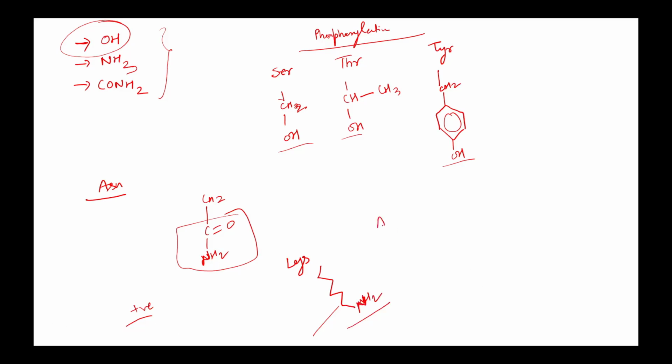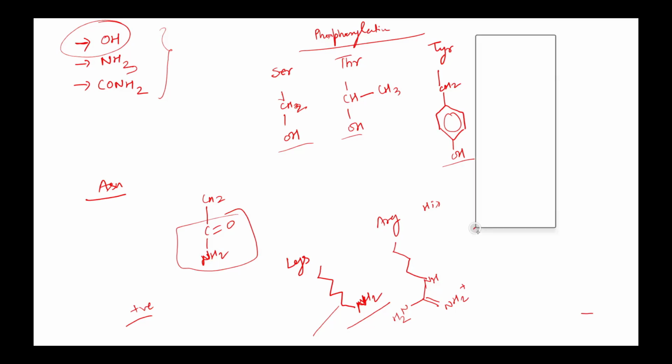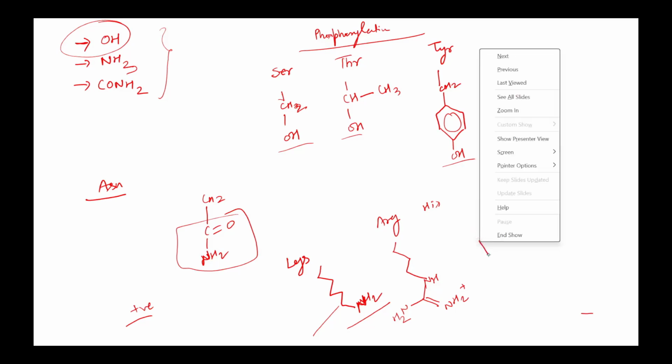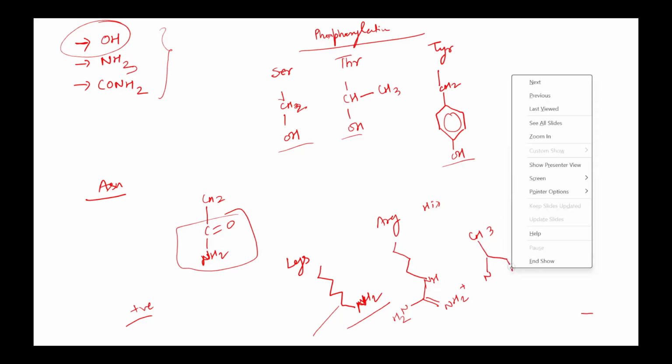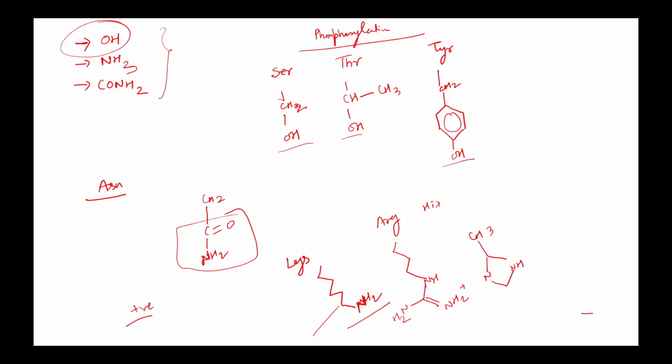Similarly, arginine and histidine structures have such side chains, and these can undergo several modifications such as acetylation.